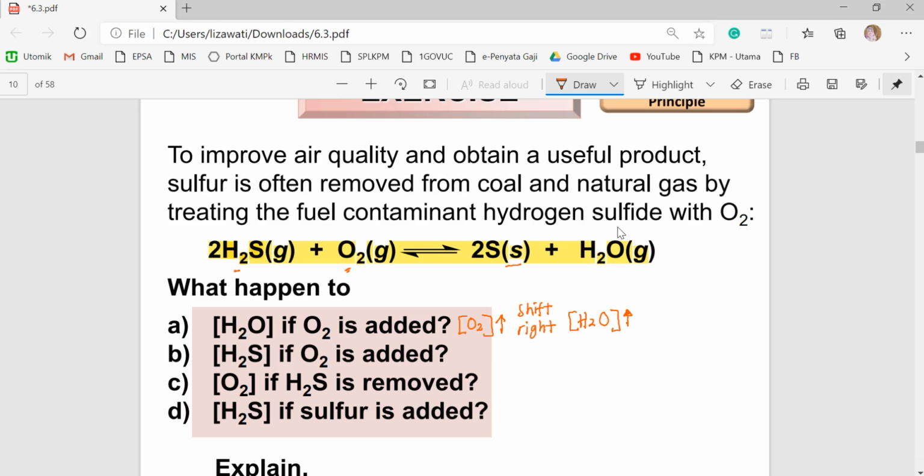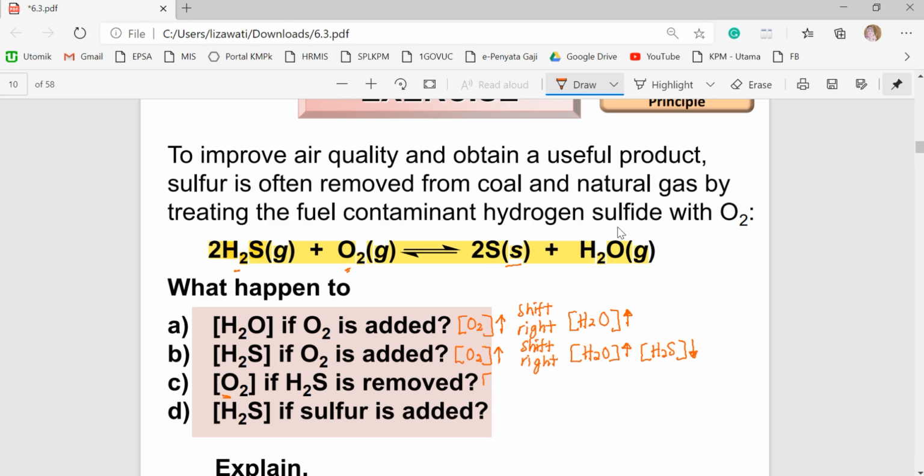Next, what will happen to the concentration of H2S if oxygen is added? When the concentration of oxygen is increased, the system will shift to the right, and therefore the concentration of H2O will increase. However, the concentration of H2S, which is a reactant, will decrease. Next, what happens to the concentration of oxygen if H2S is removed?